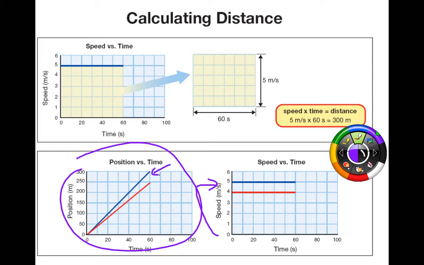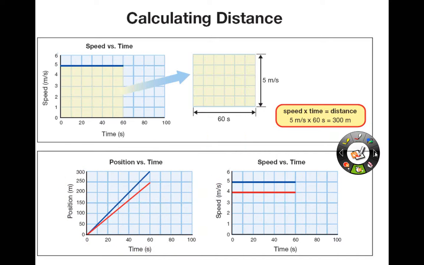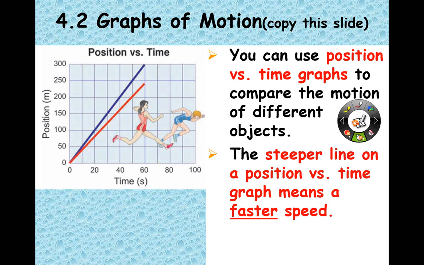As we said, this speed here is faster, so notice that this is a steeper slope. The steeper the slope, the faster it's moving. So let's go ahead and note that. You can use a position versus time graph to compare the motion of different objects. The steeper the line on the position versus time graph, the faster you're traveling.